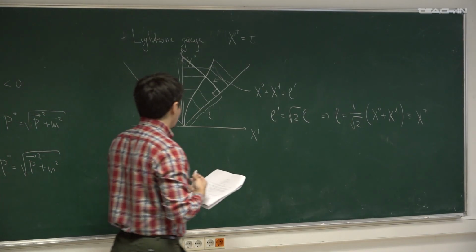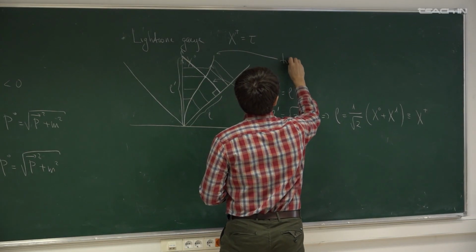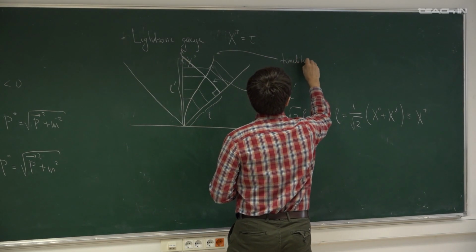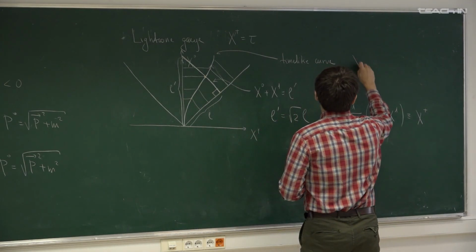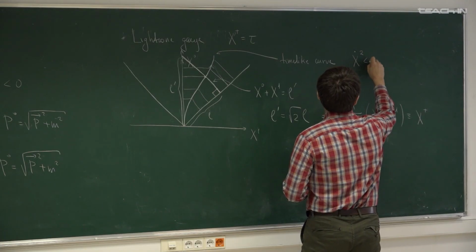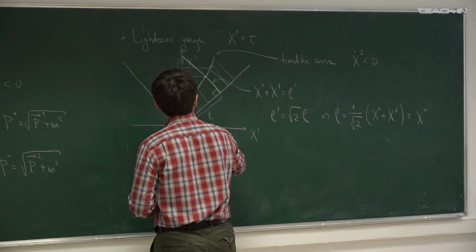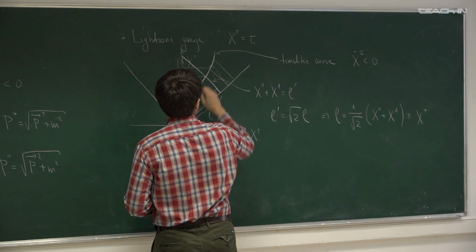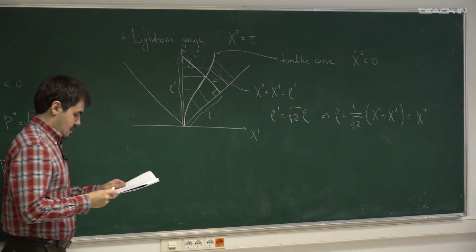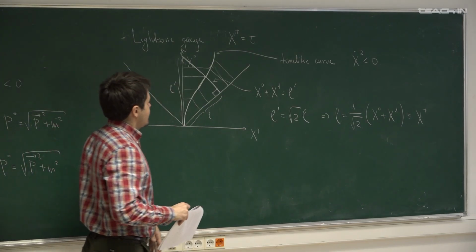So x dot squared, this is a time-like curve, which means that x dot squared is negative along this curve. So that's why we can choose this gauge. We just project on a different axis.